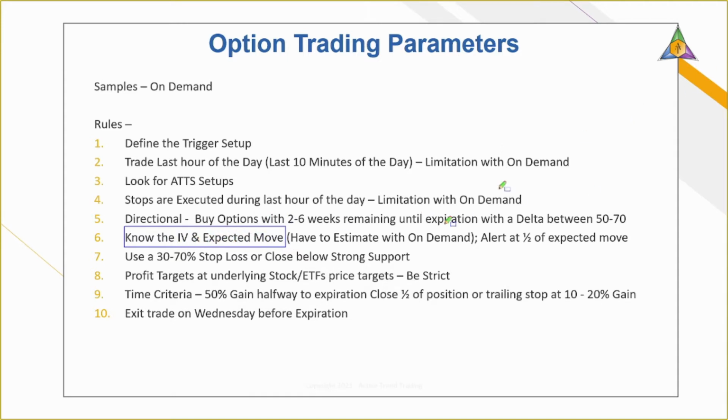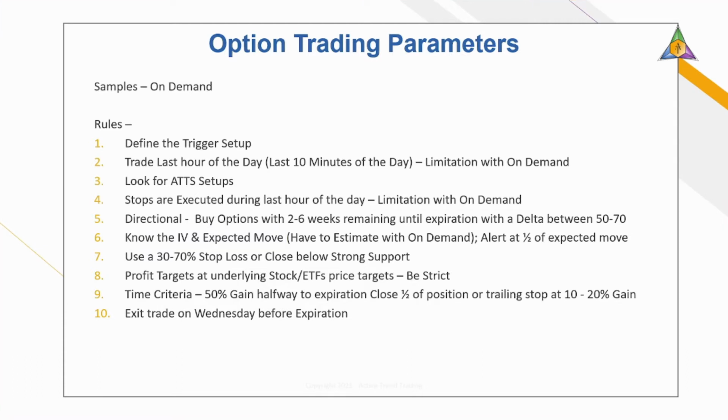One thing about practicing on the index ETFs is that the implied volatility changes very little. So I really don't have to worry about that a lot, but I want to know what my expected move is. Stop loss 30 to 70%, or a close below strong support, either or.